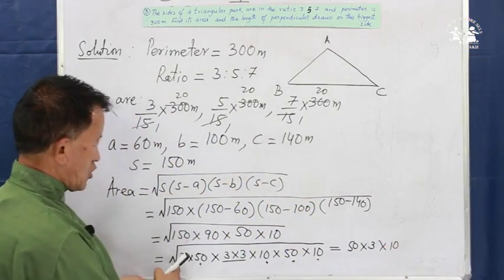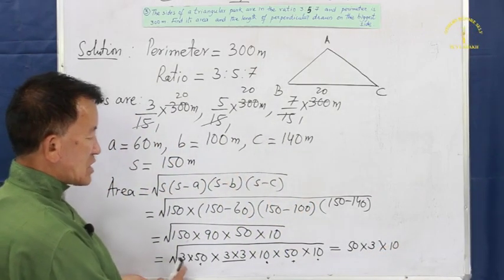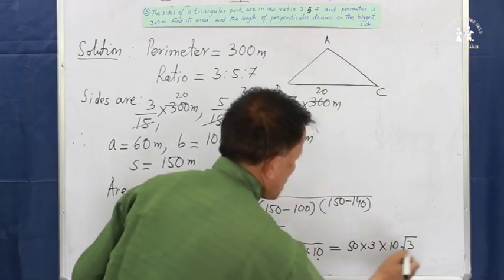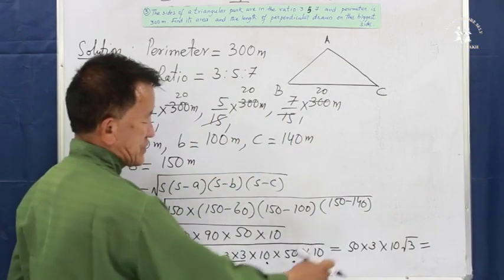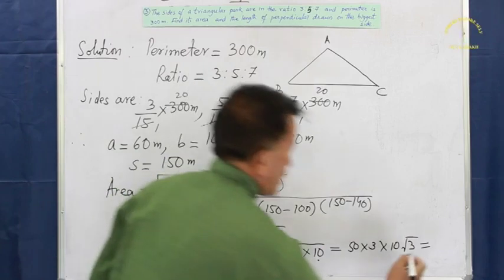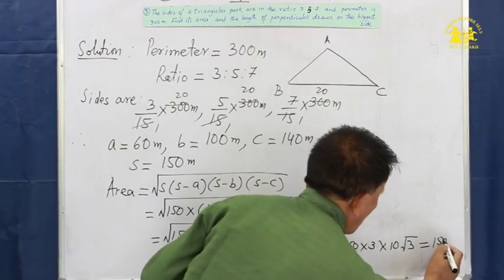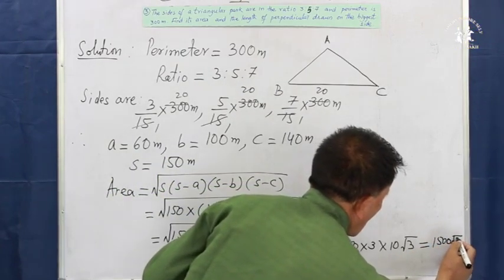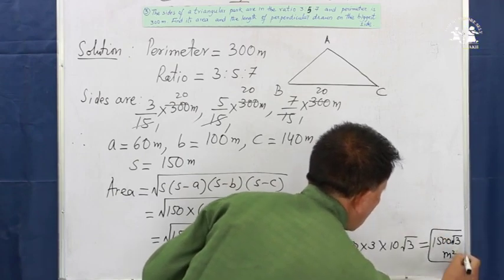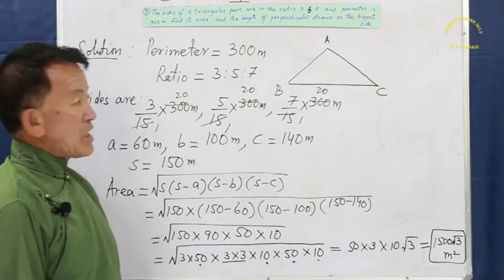And square root of 3 remains. So that is 50 into 3, 150, into 10, 1,500 square root of 3 square meters. That is the area of the given triangle.